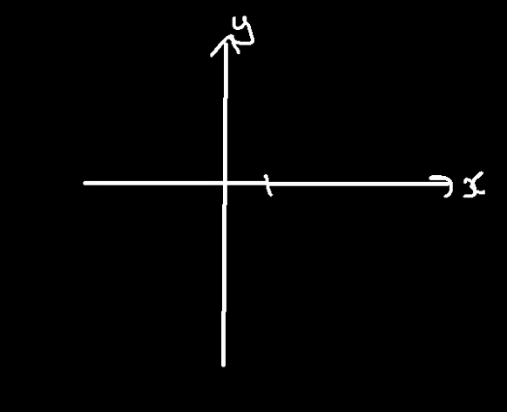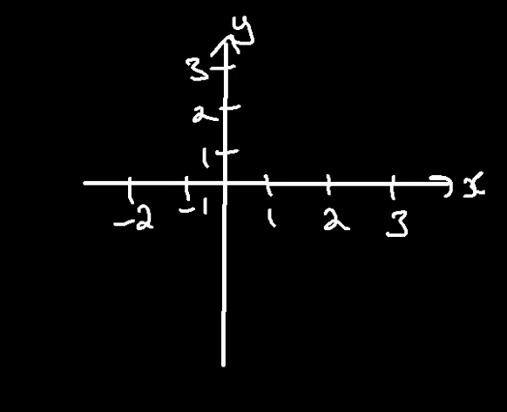Let's say this is 1, this is 2, this is 3, and on the other side we have -1, -2, and -3. And on the vertical axis, we have -1, -2, -3, up to -4 in that way.